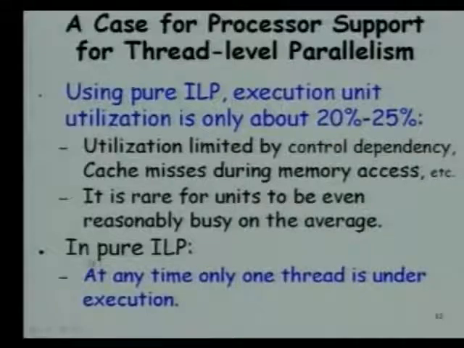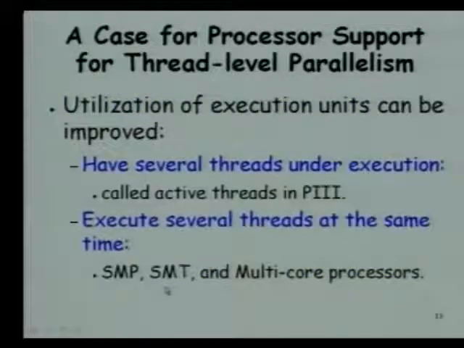The problem is that in pure instruction level parallelism, at any time only one thread is under execution. So, the utilization of execution units can be improved if we have several threads under execution at the same time. These are called active threads. In the Pentium 3 processor, we have several threads, but at any time only one is under execution.